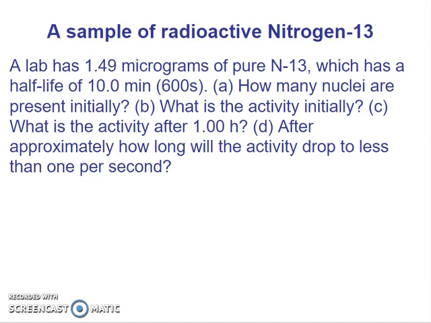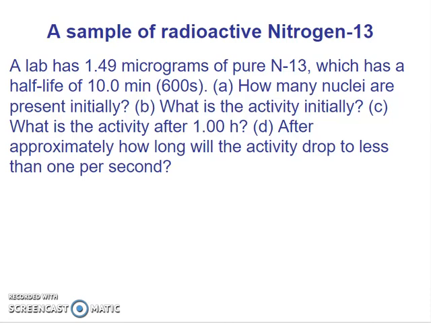So based on the 1.49 micrograms of nitrogen-13, we can use its molar mass to find out how many nuclei are present initially. Then, using the half-life of 600 seconds, calculate the activity. After that, use our exponential equation to find the activity after 1 hour.